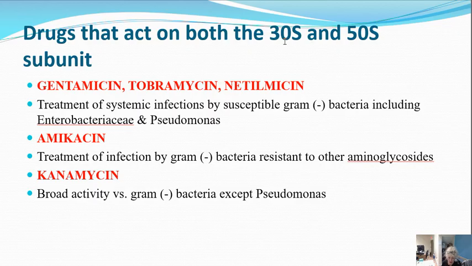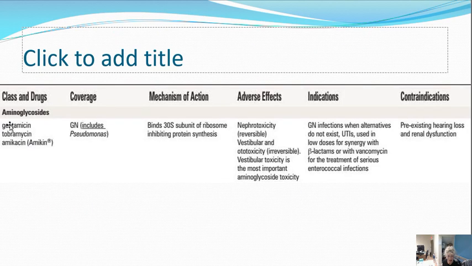Kanamycin has very broad activity, but it doesn't kill Pseudomonas. So as you notice, Pseudomonas keeps raising its ugly head from time to time, and that's because it's a difficult bug to kill. So here's your gentamicin, tobramycin, and amikacin coverage for gram-negative. This includes Pseudomonas, except for kanamycin.